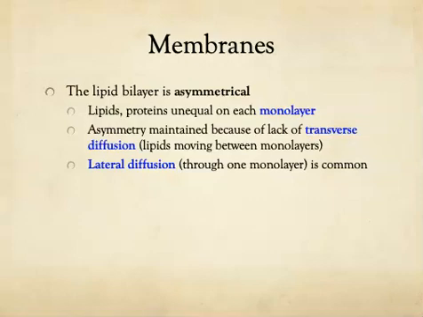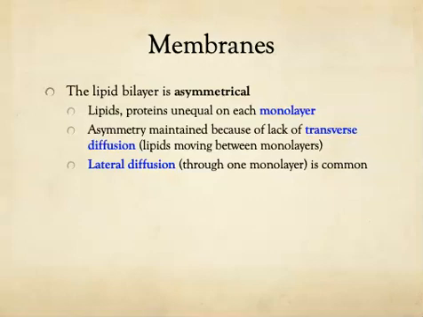What I'd like to talk about now is the asymmetry between these two layers of a membrane. It turns out that the anatomical structure of each individual monolayer in a membrane is different.